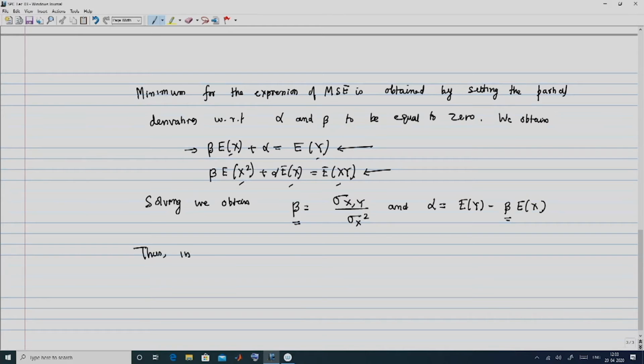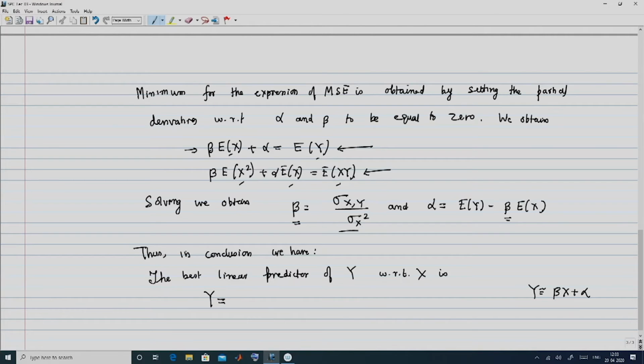Thus, in conclusion of all this exercise, we can make the following statement, that the best linear predictor of y with respect to x is given by y is equal to, remember our assumption was that y will be approximated by beta x plus alpha.